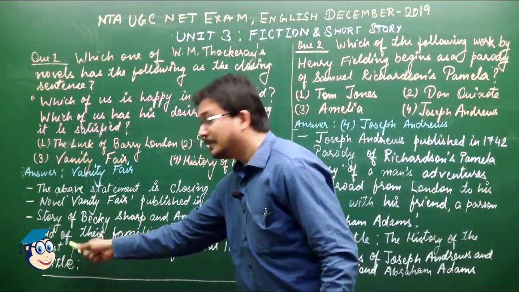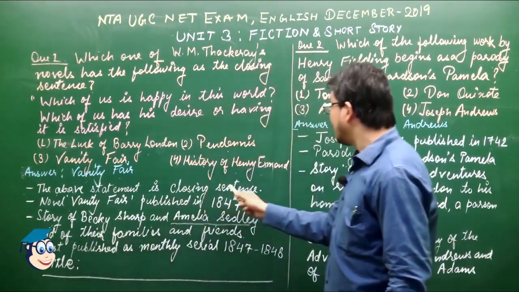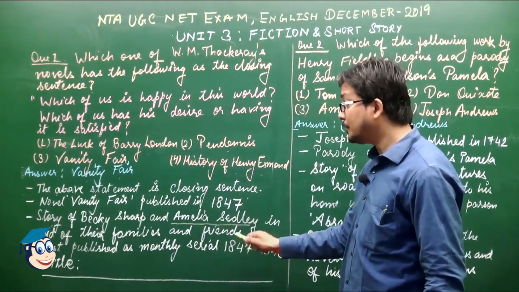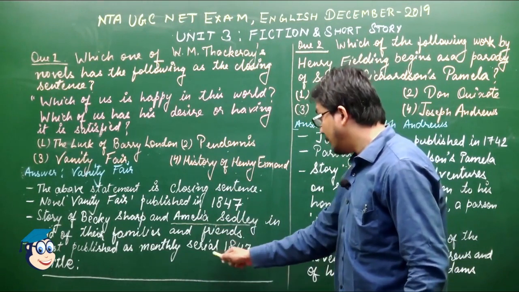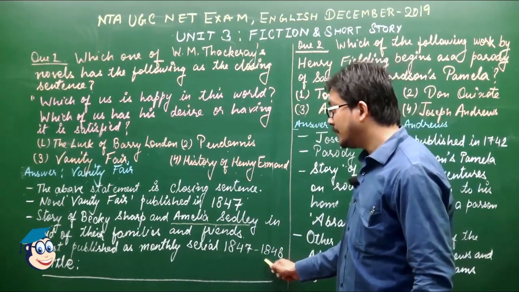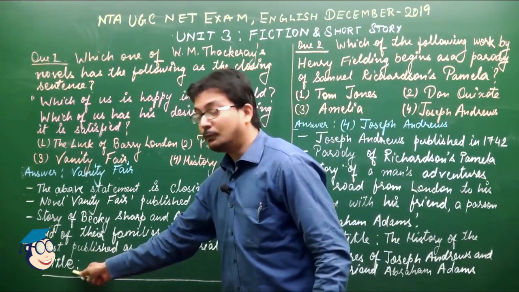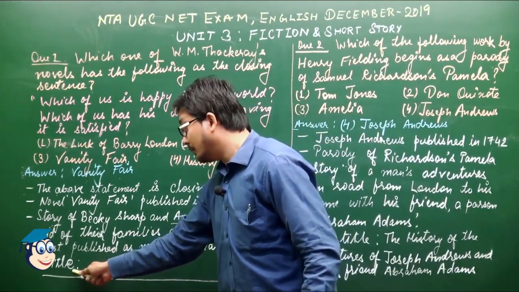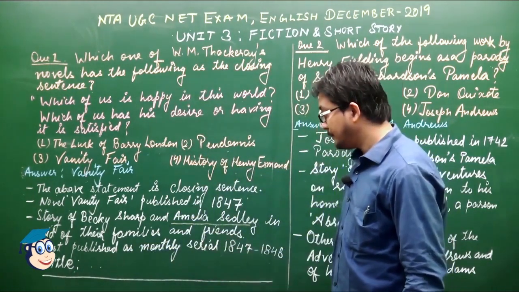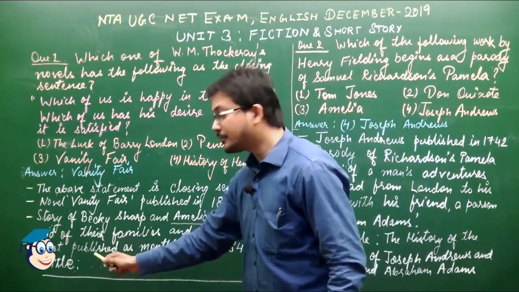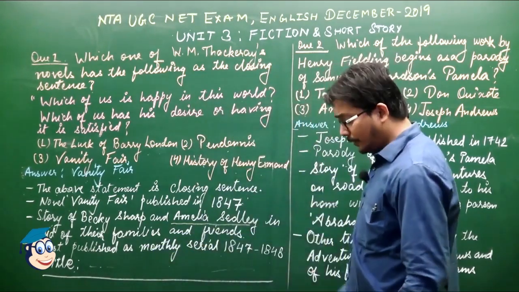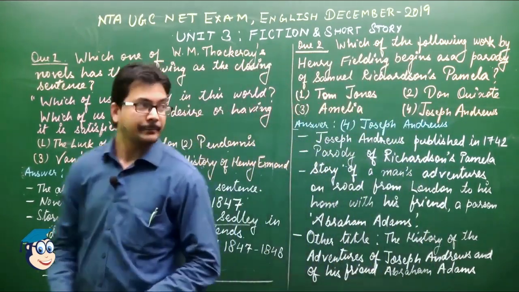The novel was also serialized in a monthly magazine during 1847 to 1848. And the title for the novel at the time was Pen and Pencil Sketches of English Society. I'll write it here.